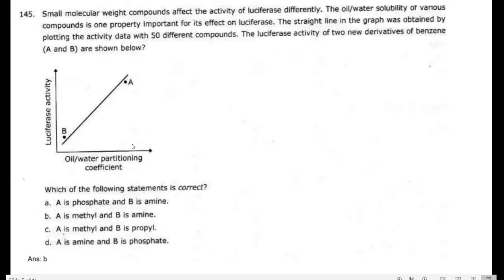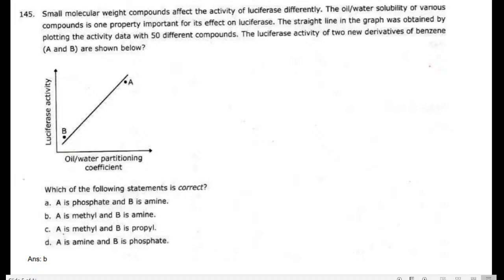As per the statement, when methyl is added to benzene, there is bond sharing between methyl and benzene. Benzene rings are hydrophobic, that is, non-polar compounds.